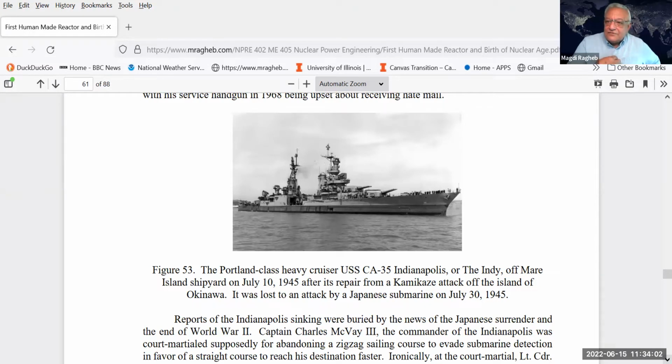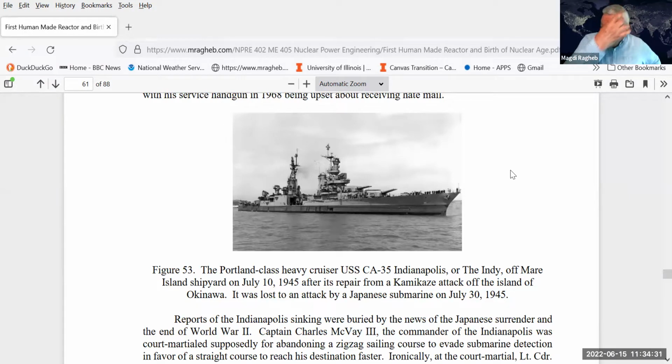And the story was repeated in the movie Jaws. If you go to the theater and watch Jaws, you'll find the fisherman describing the ordeal that those survivors went through when they were in the water. And the fisherman apparently was one of those survivors from the sinking of the Indianapolis.